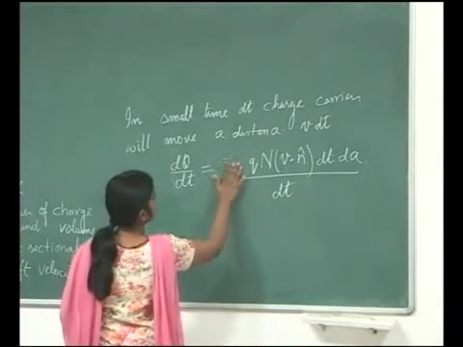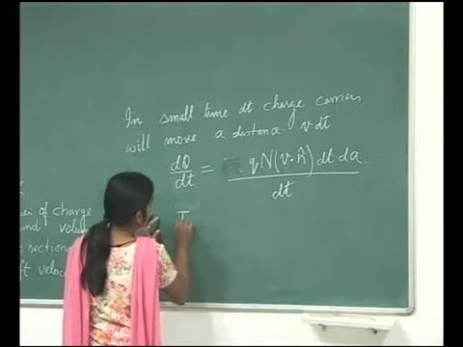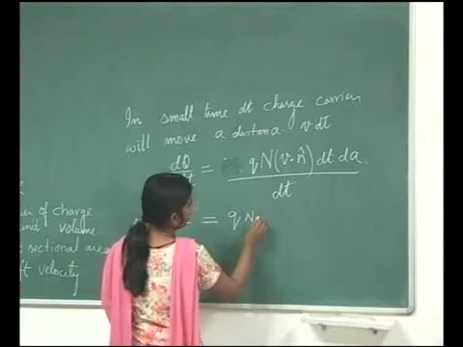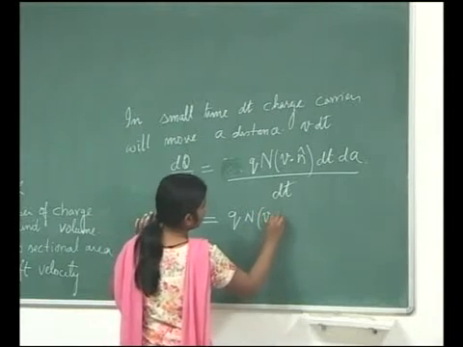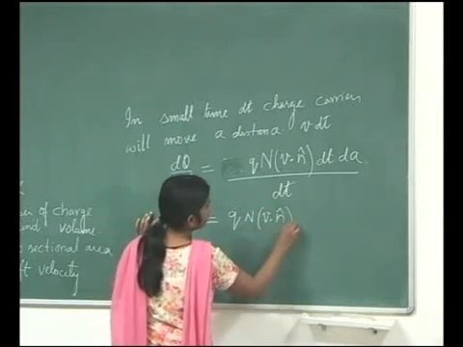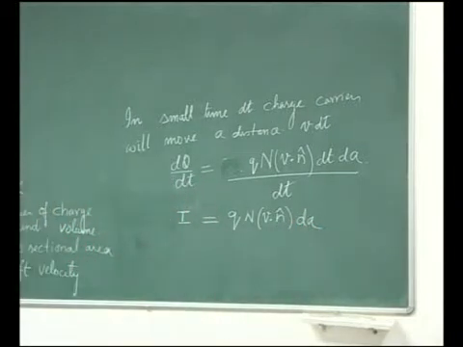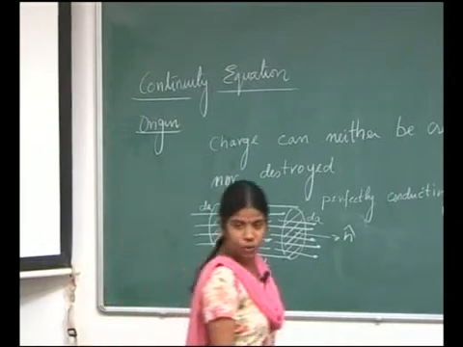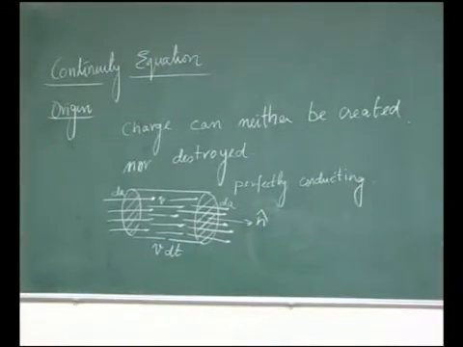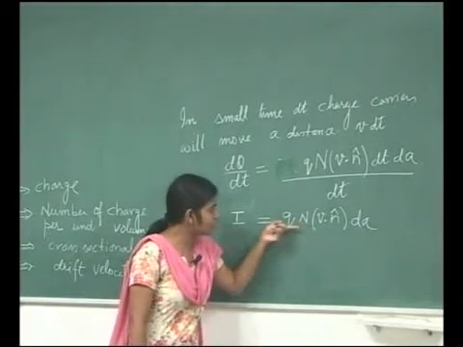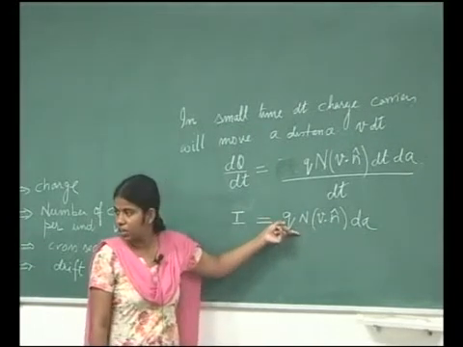I will write down here. So, I get I is equal to integral q n v dot n cap dA. Now, if you remember your 603 semiconductor device physics, then you would remember that qnv is the current density.